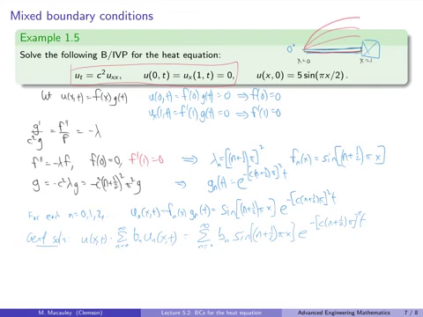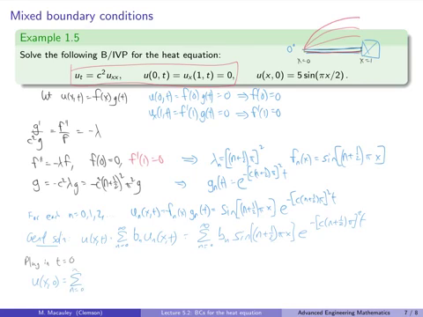Okay, now what? What do we have left? We have the initial condition. Let's plug in t equals 0. And if we do that, we get u of x,0. When we plug in 0, the exponential function goes away.